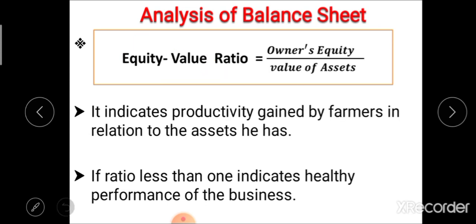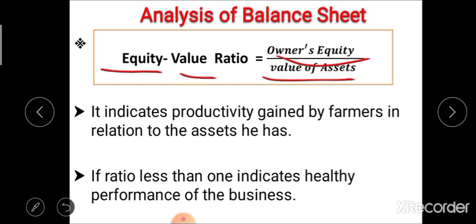After debt equity ratio, the next ratio is equity value ratio. The formula for equity value ratio is equal to owner's equity divided by value of asset. Owner's equity divided by total asset is the formula for equity value ratio, and this equity value ratio indicates the productivity gained by the farmer in relation to the assets he has.